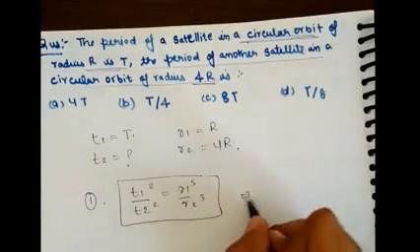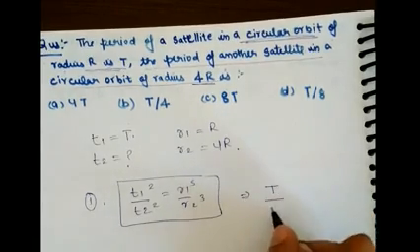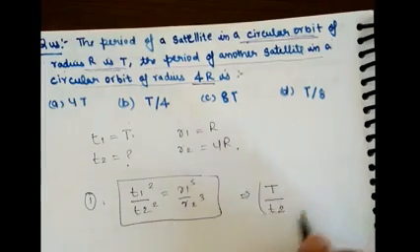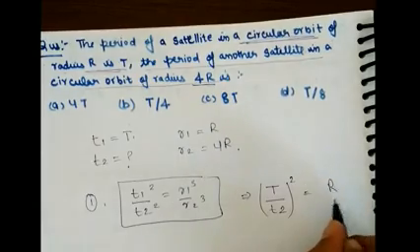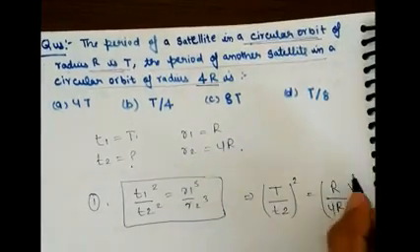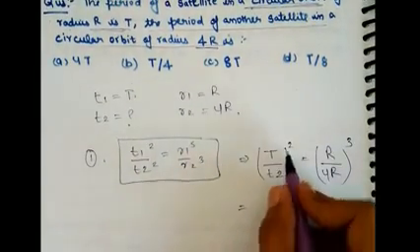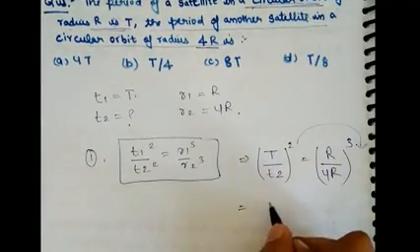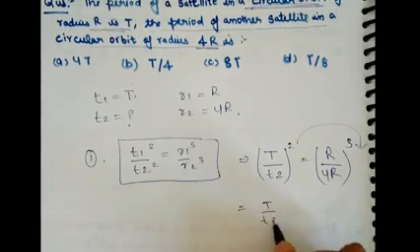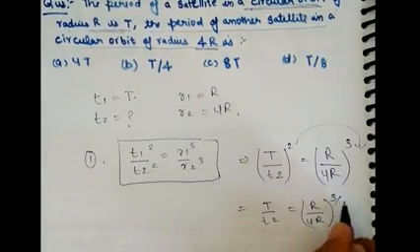On substituting, T1 is T and T2 is T2, the whole squared, equal to R1 which is R, over 4R, cubed. Now we take this power to the other side, and it becomes a dividing power. So what we get is T upon T2 equal to R upon 4R to the power 3 by 2.